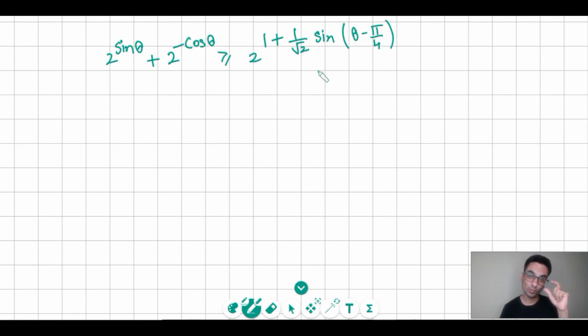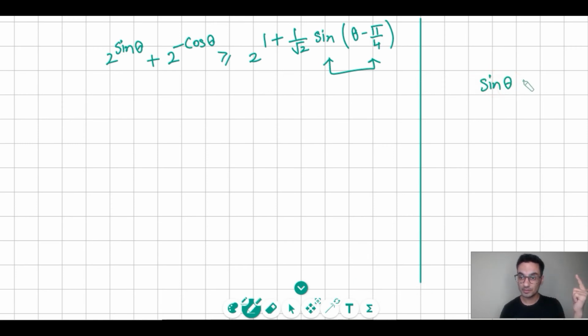Now we want to know where this expression will be minimum, like what is the value of theta where it will be minimum. Okay, so for that we need to write another formula, that sine of any angle theta lies between 1 and negative 1, and so that means the minimum value of sine theta minus pi over 4 should be negative 1.